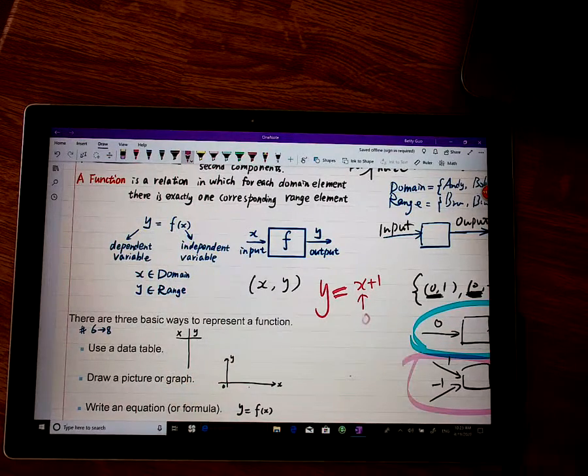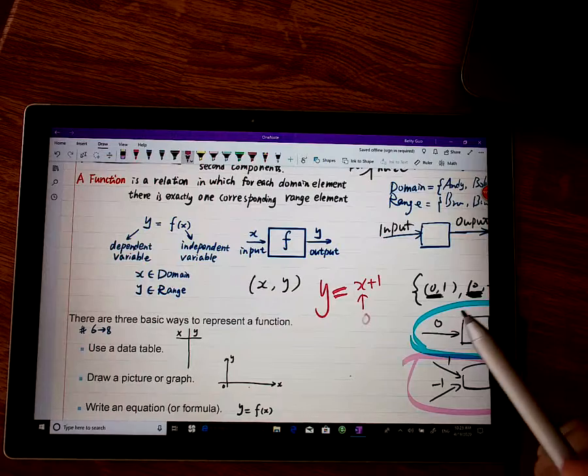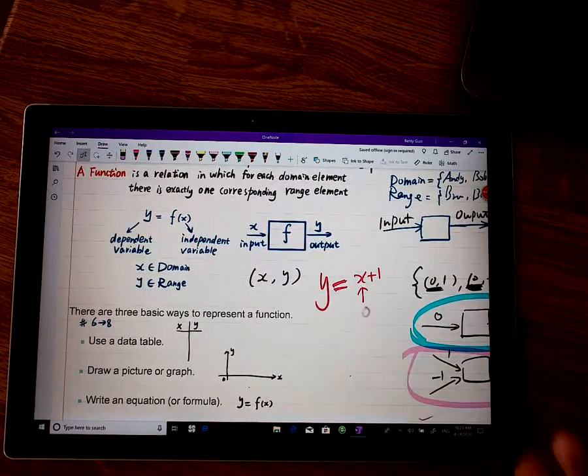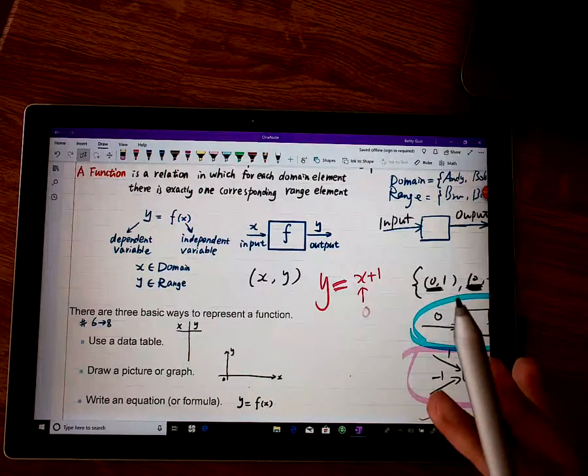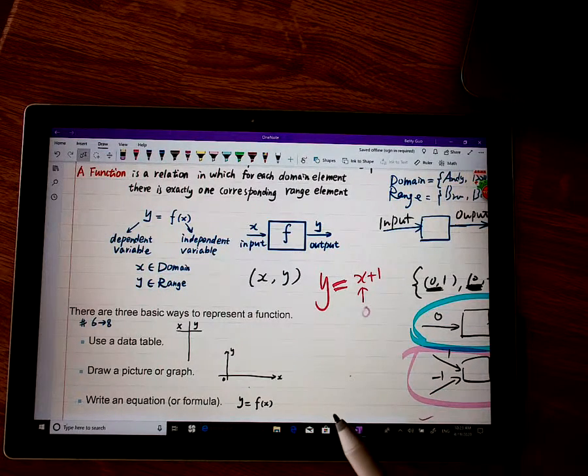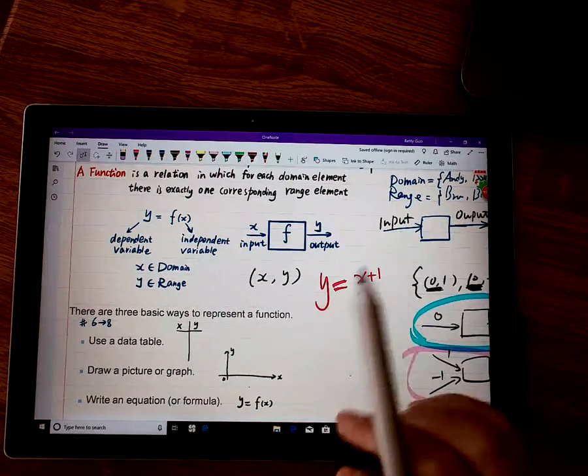So three basic ways to represent a function. But in essence, you're going to know a function is a set of ordered number pairs. A function is a set of ordered pairs in which for each domain element, there's only one range element to make a pair with it.